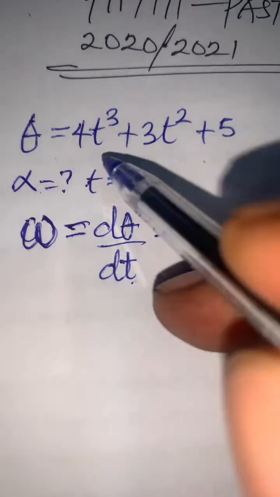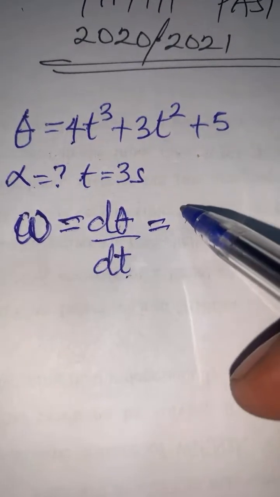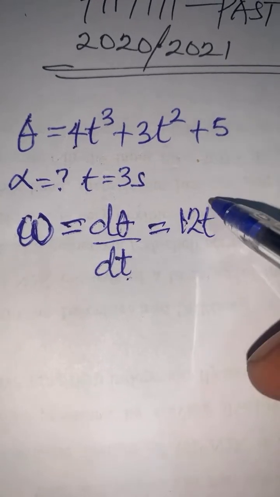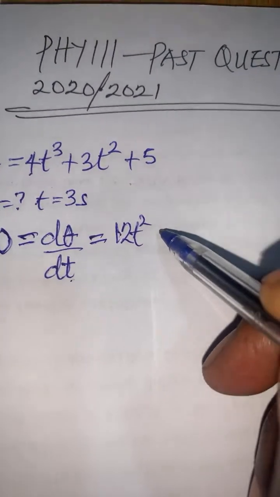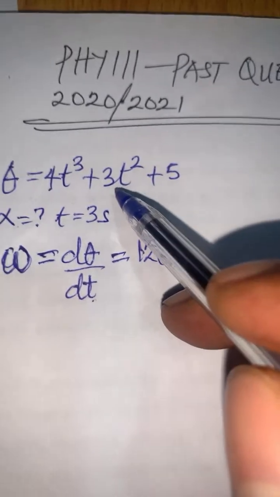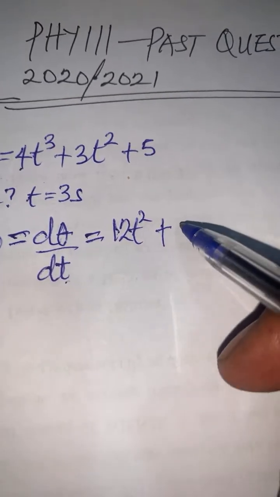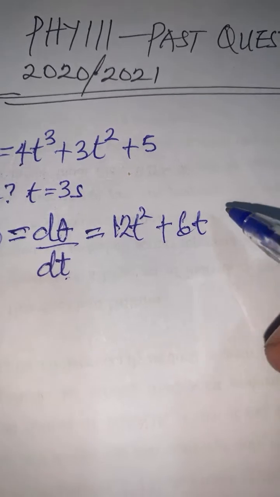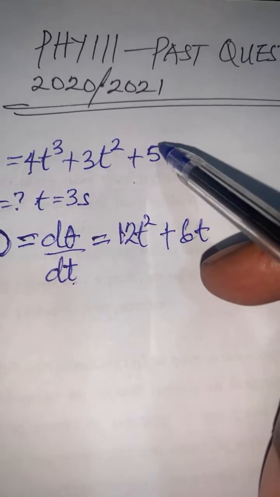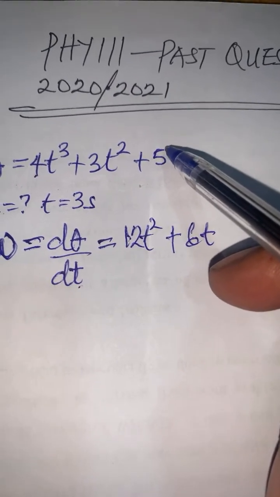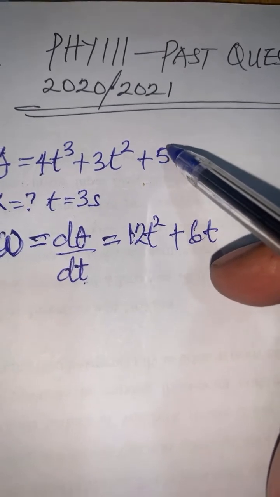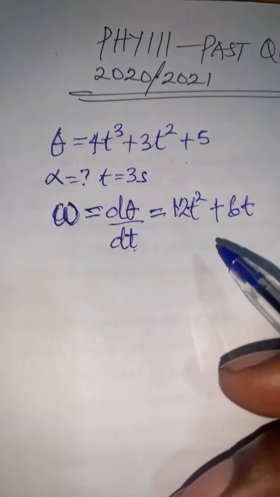All right, differentiation of 4t cubed is 12t squared plus differentiation of 3t squared, that will be 6t. Differentiation of a constant 5 is 0, so we're done with that.